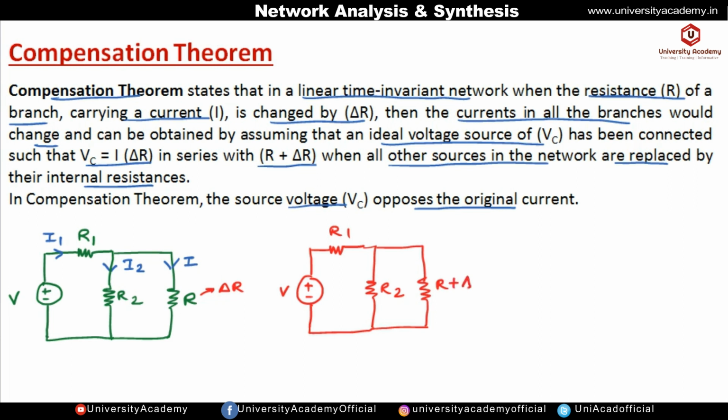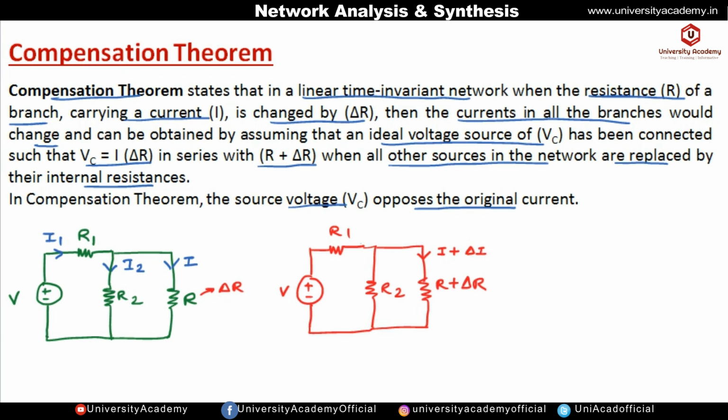Now as the resistance of this branch has changed, overall the R equivalent will get changed. As a result, the current flowing in all the branches will get changed. Suppose the current flowing through this resistor is I plus delta I, that is, the original current flowing is I, and delta I is the change in current due to the additional delta R which is connected.